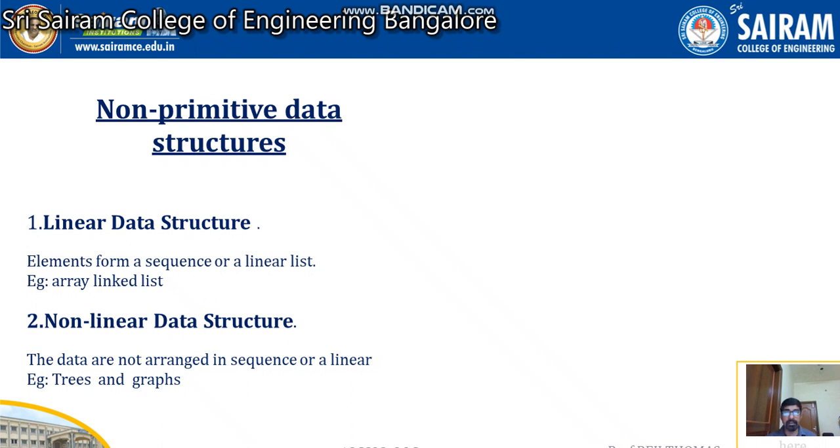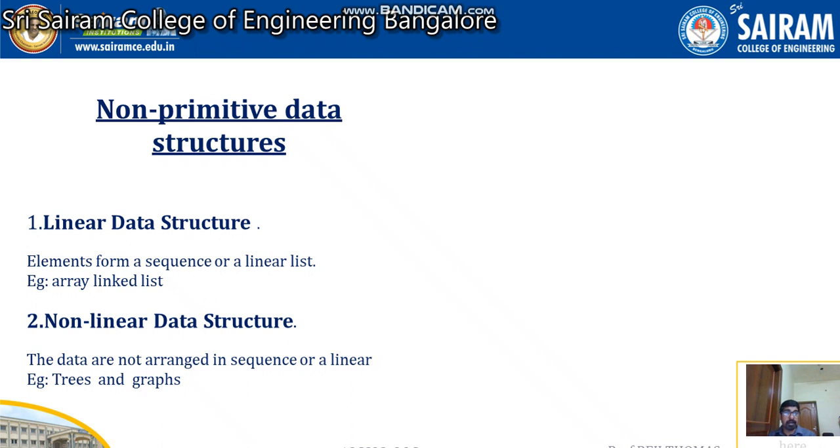So if you take linear one, our array is a linear data structure. Arrays we studied in the first year. So when we take an array of 10 elements, from first element to the last element, all the elements will be stored in a linear format. So this is linear data structure.